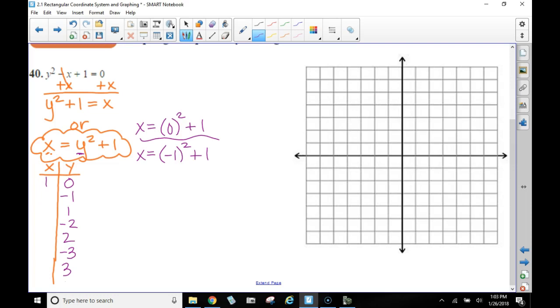So x is equal to negative 1 squared, which is positive 1, plus 1 is 2. Now, a little shortcut: when y is a positive 1, when we square that, we also get 1. 1 plus 1 is still going to be 2. That's 2 also.